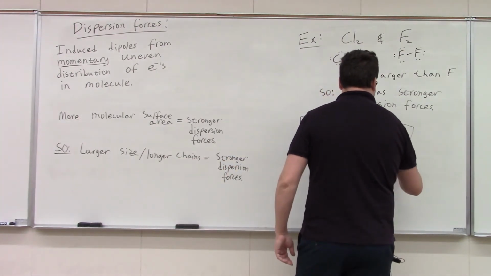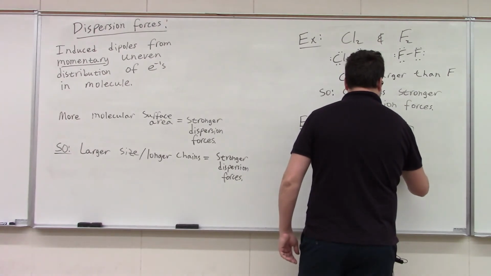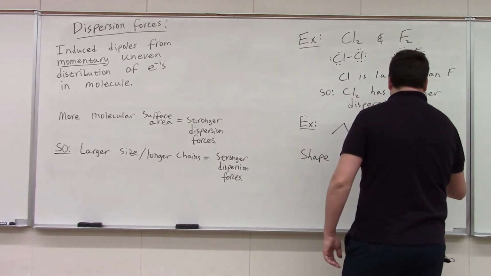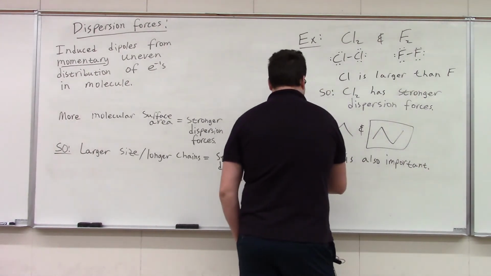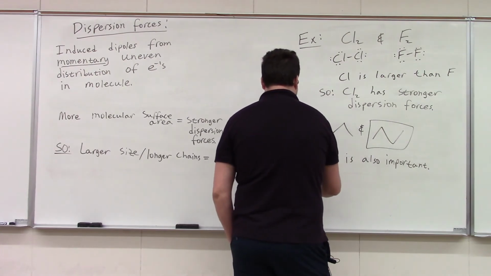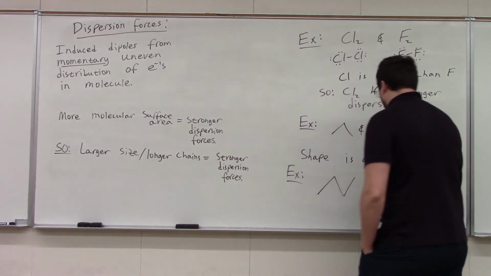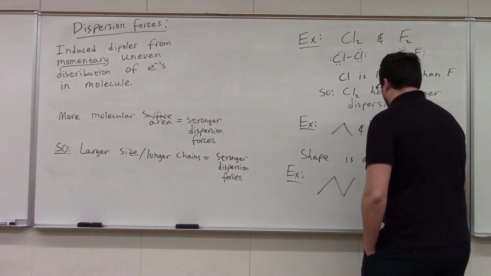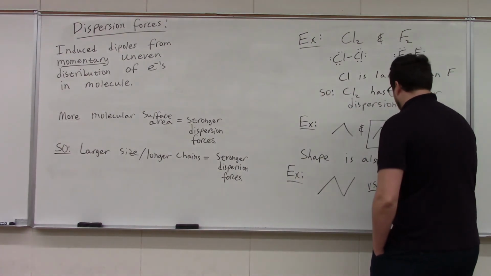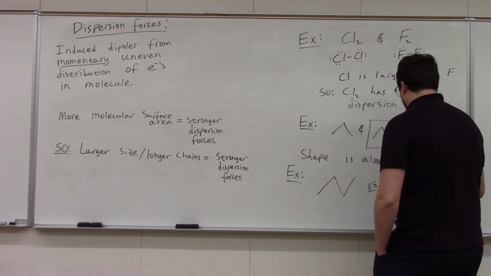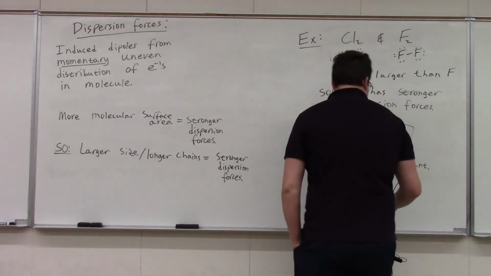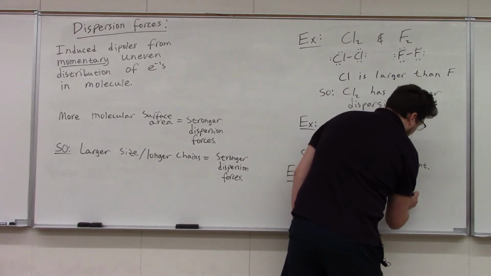All right. So if we look at something like our pentane from before, same molecule as here, and we pit them against each other, 1, 2, 3, 4, 5. So this has a side chain on it.